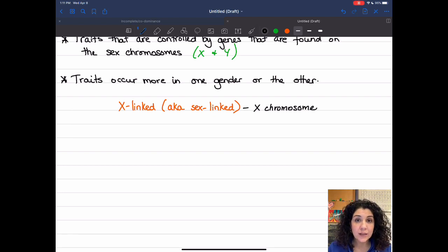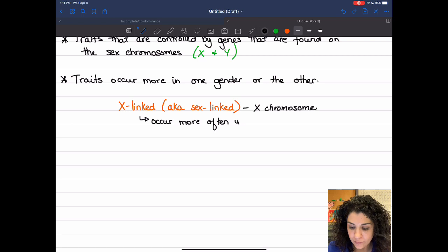And you would think that they would be in higher frequency in females, because girls have 2 X chromosomes. But it's actually the opposite. X-linked traits will occur more often in males. Why is that? It's because males only have 1 X chromosome. Females have 2.